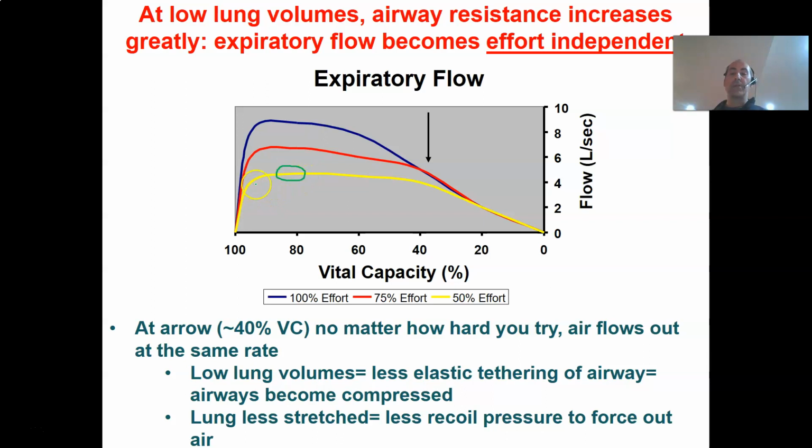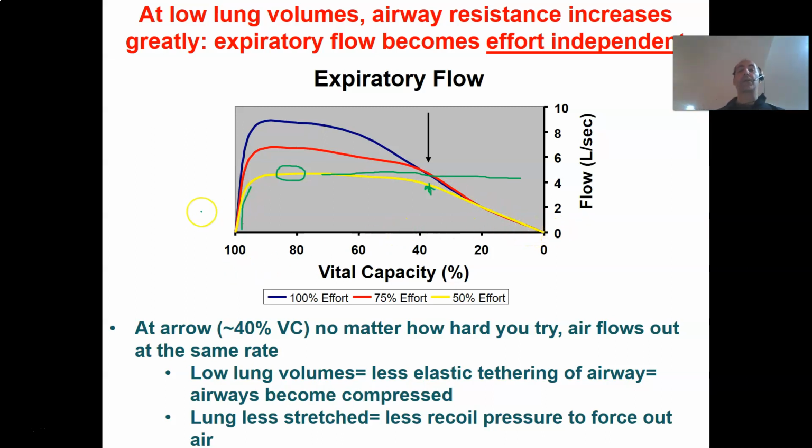You will notice that when you expire, you get an initial increase in flow rate up to about 4 liters per second. And then by the time you get to about 40%, there's a pretty significant drop off.